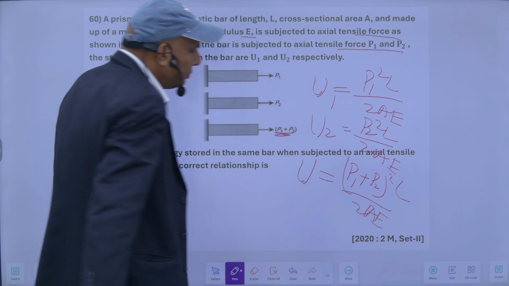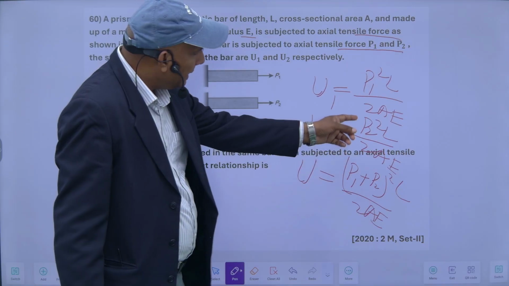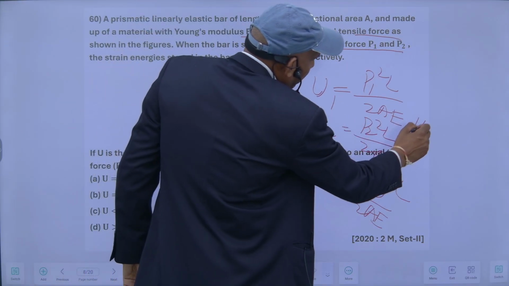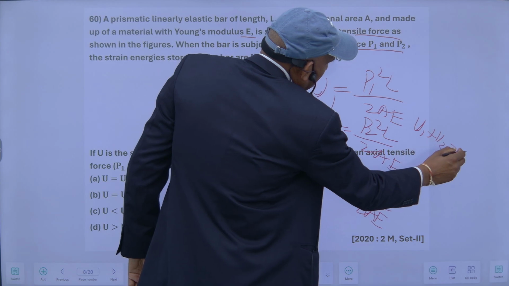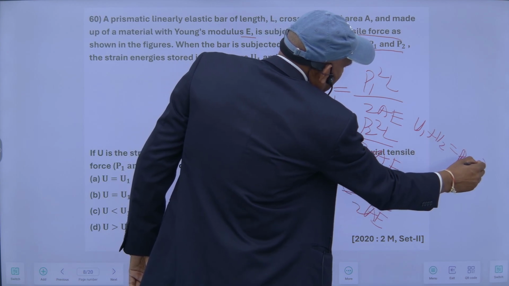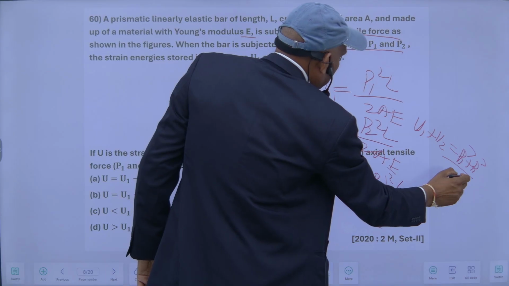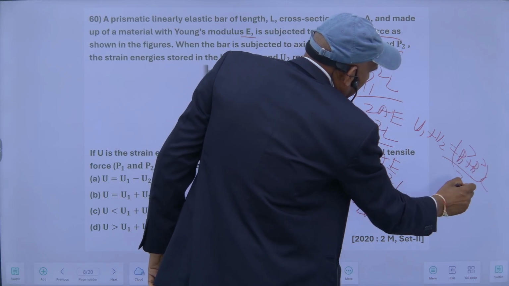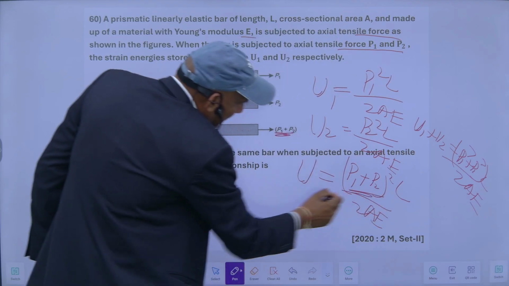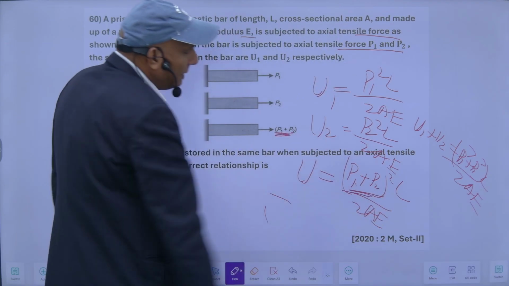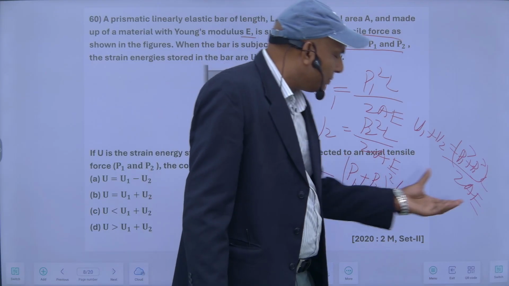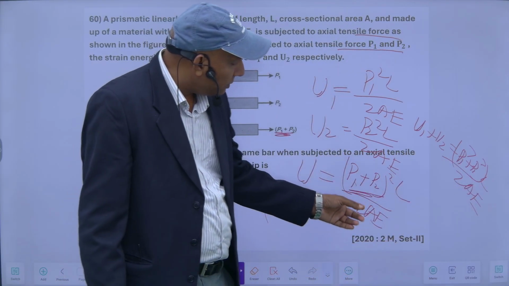So obviously, when you compare this plus this, then this plus this will become P1 square plus P2 square upon 2A into L. But in this case, it will be P1 square plus P2 square plus 2P1 P2 upon 2AE into L. So obviously, this will be more.